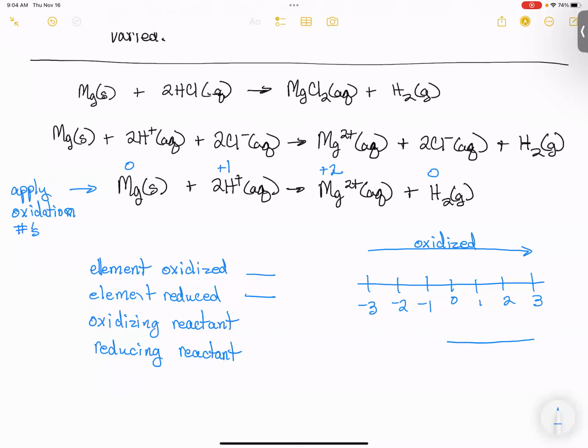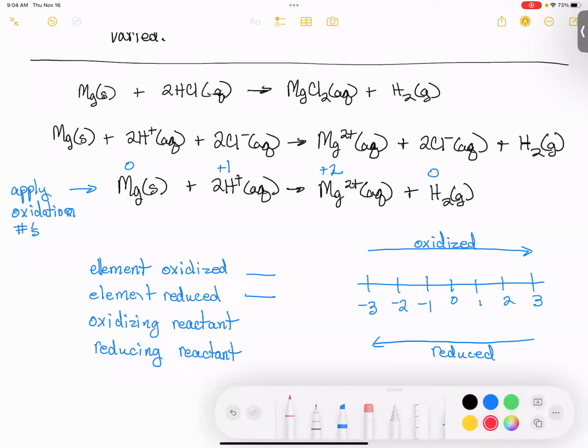Reduction is gain of electrons to become more negative or less positive. So that means it would be reduced. So using a number line, we can identify who's oxidized and who's reduced.